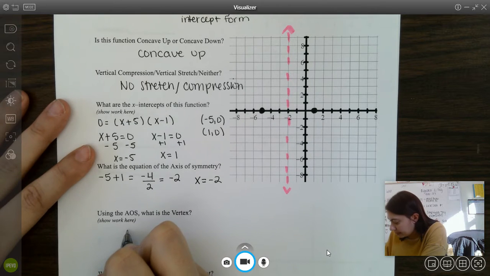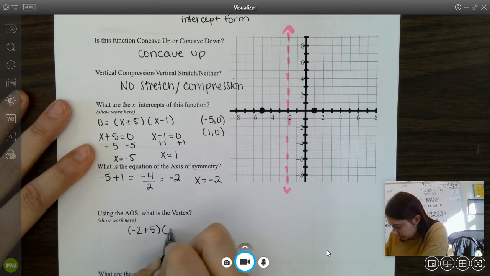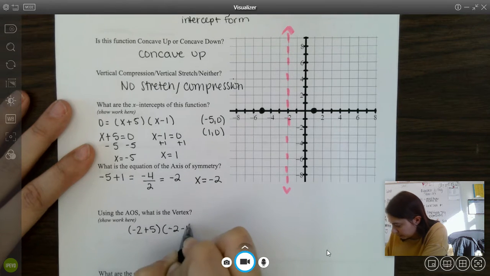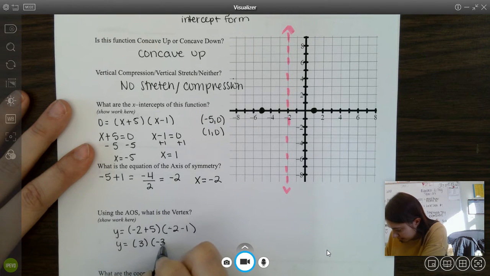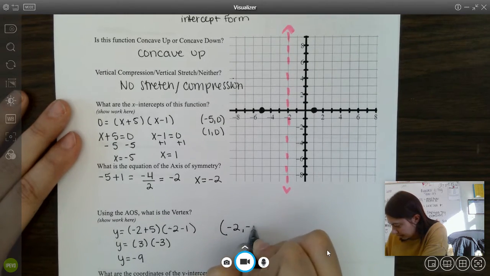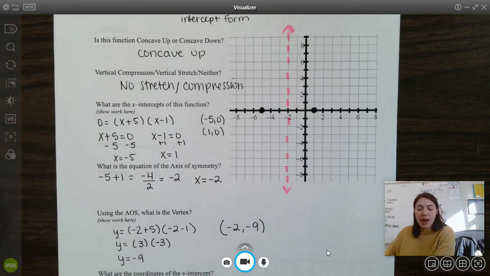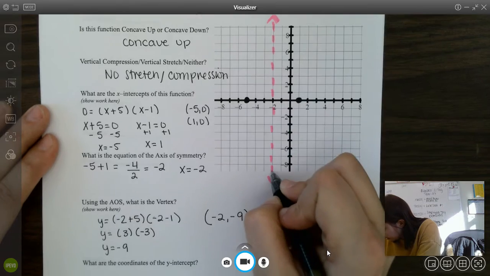So we can substitute that in wherever we see x in both factors. Negative 2 plus 5 is positive 3, and negative 2 minus 1 is negative 3. So therefore, y is equal to negative 9. So our vertex is negative 2, negative 9, which we can plot right here. Negative 2, negative 9.